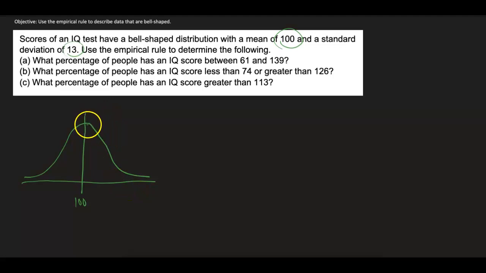Now there is a little bit of a science to how to make that mark, and it turns out that the first mark is where the curvature of the bell changes from concave down here to concave up here. Where that change happens, we call that a point of inflection, and I'm going to look directly down here, and I'm going to make a mark that is 13 units different from the mean. So in this case, that would be 113.